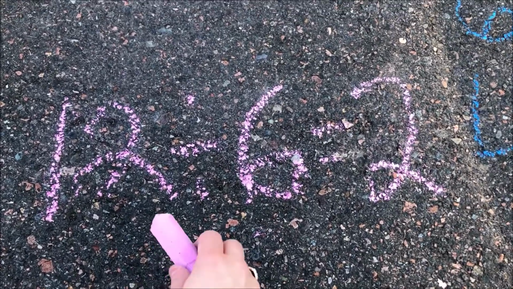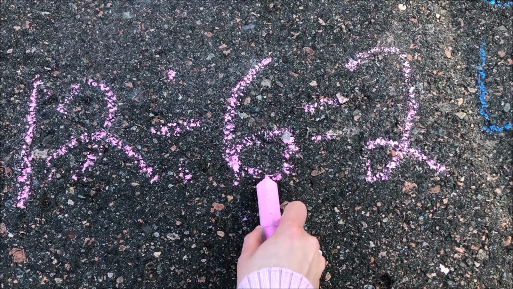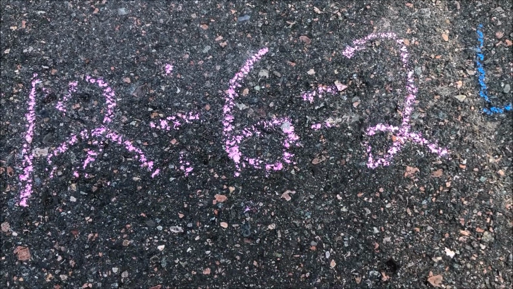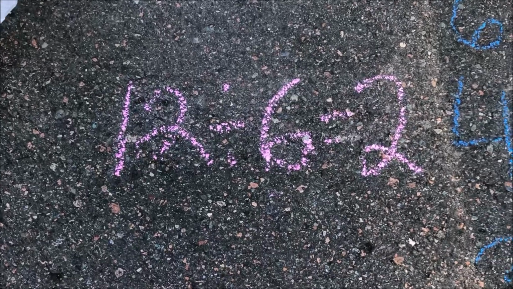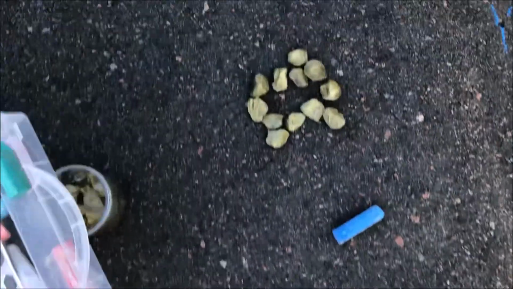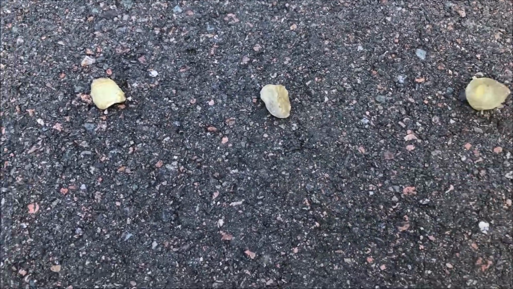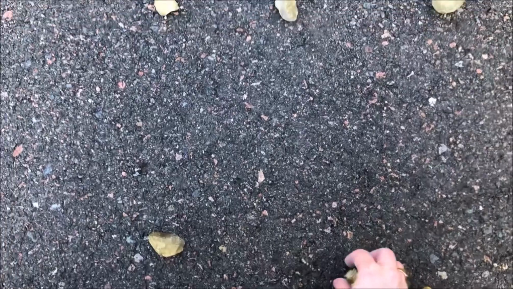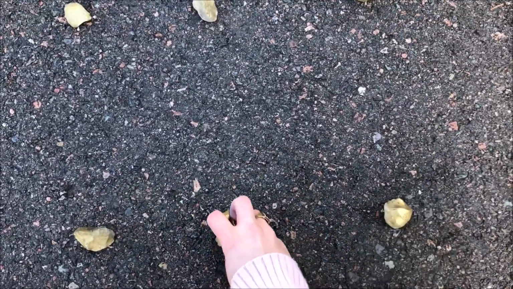So that means that if I have 12 things and I want to put them into 6 groups, there's going to be 2 in each group. Here are 12 things. Let's see what happens if we put them into 6 groups. So 1 group, 2 groups, 3 groups, 4 groups, 5 groups, 6 groups.